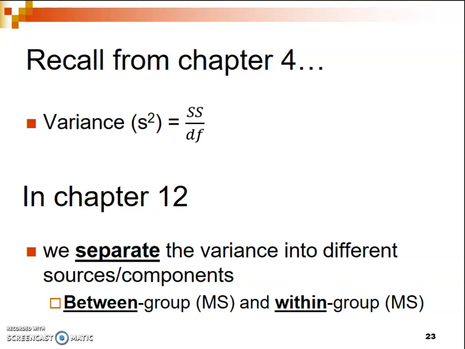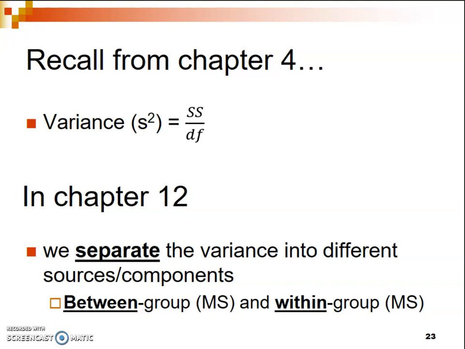Specifically, we're going to be looking at that between group variance, so we'll have between MS, and then we'll also separate it into within group variance, so we'll have a within group MS as well. Every time you see the letters MS, that is just a fancy way of saying the variance. So we would have between group variance and then the within group variance.